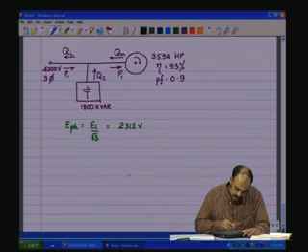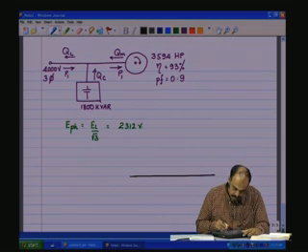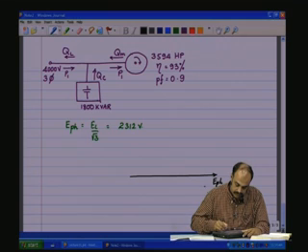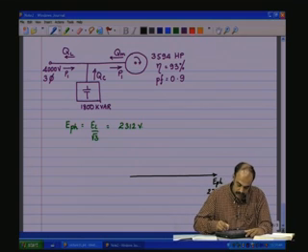So, you have the phase voltage of one of the phases, which is 2312 volts.